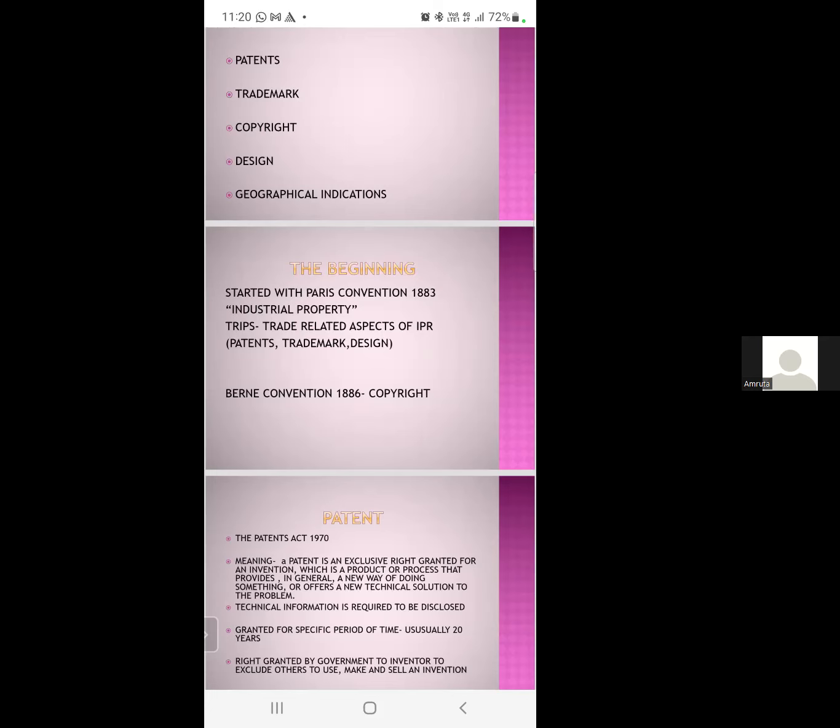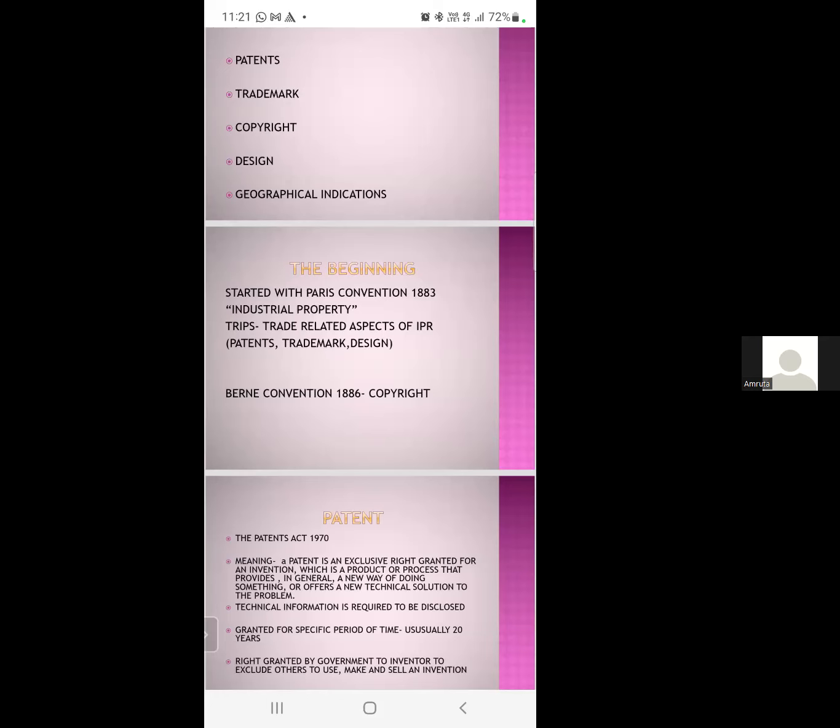Thereafter, there was the TRIPS convention, the full form is Trade Related Aspects of IPR, which is mainly for patents, trademark, and design. India was a party to it, and they discussed all the rights and properties related to intellectual properties, and they started preserving patents, trademarks, and design for the industry.